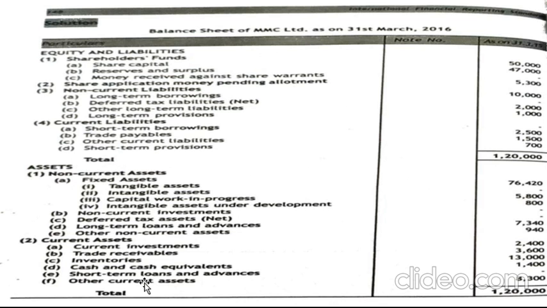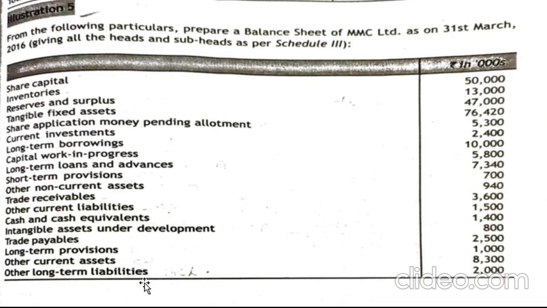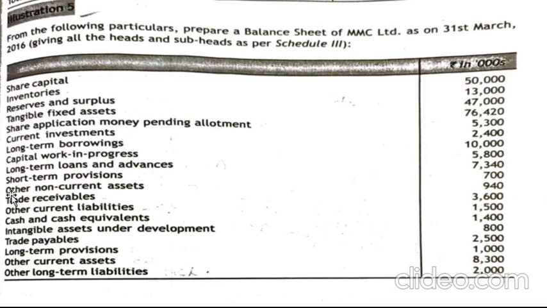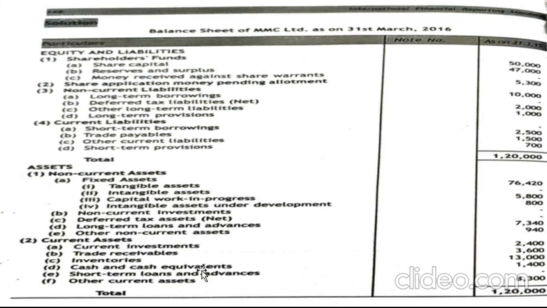Next heading according to the format is other non-current assets. We will check in the question, do we have other non-current assets? Yes, other non-current assets are present, which is 940, so we will record it.